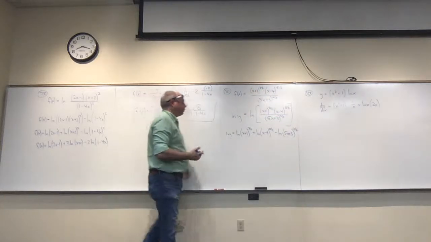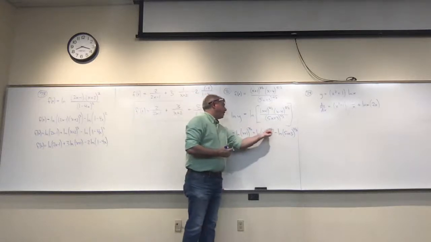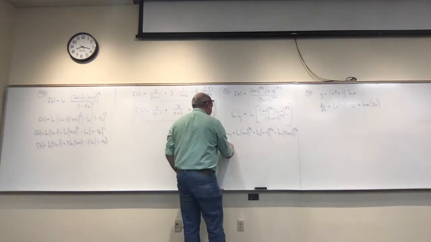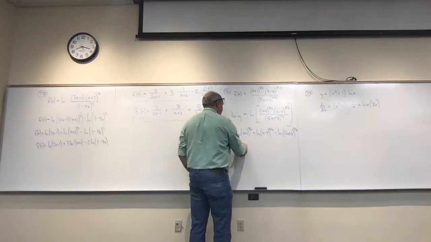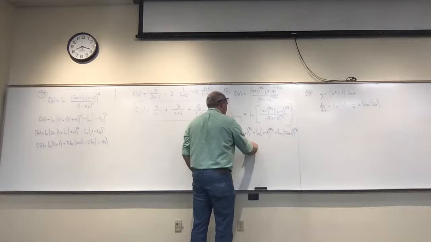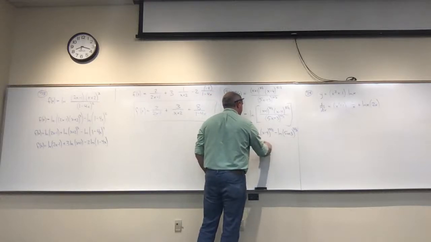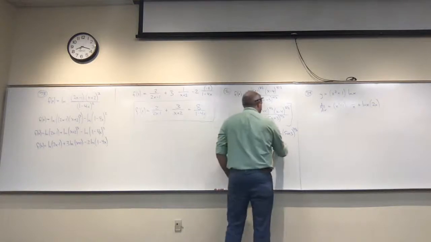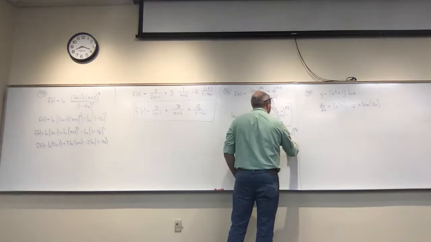Now by the power rule for logarithms, I can bring the exponents down in front of the ln. So I have ln of y is equal to 3/2 ln of (x plus 1) plus 5/2 ln of (x minus 4) minus 2/3 ln of (5x plus 3).